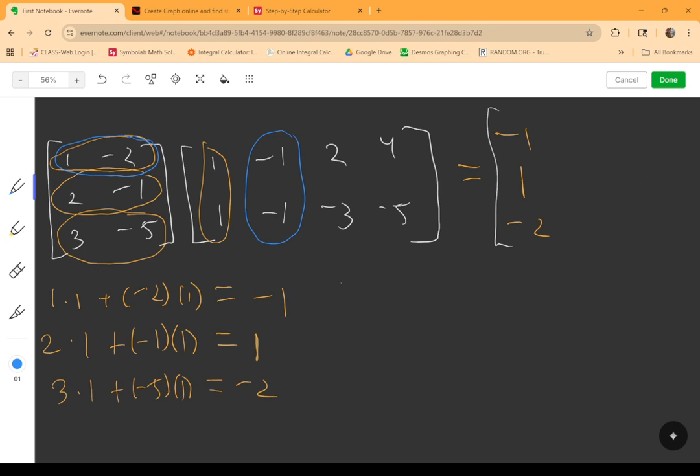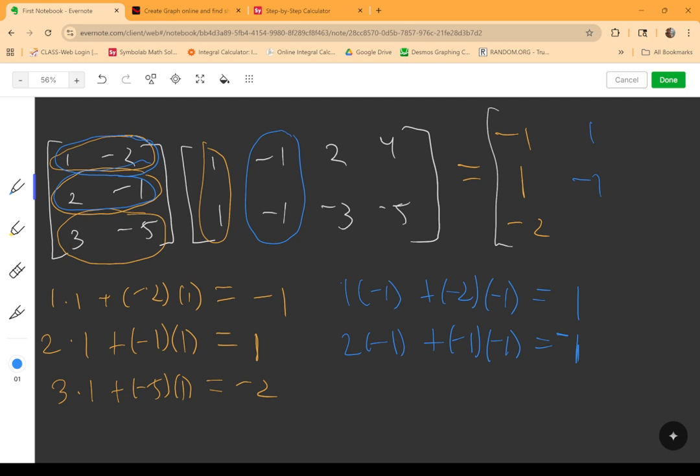Doing that second column, we would have 1 times negative 1 plus negative 2 times negative 1. So that's negative 1 plus 2, which gives a positive 1. That goes in there. Again, move on to the second row, still in that second column. We get 2 times negative 1 plus negative 1 times negative 1, which is negative 2 plus 1, so negative 1.